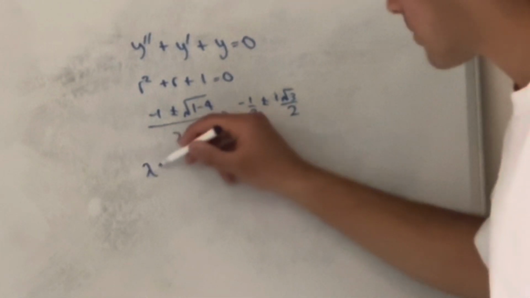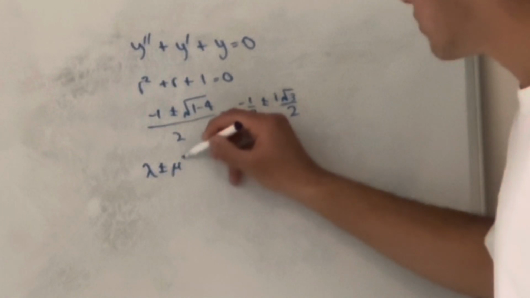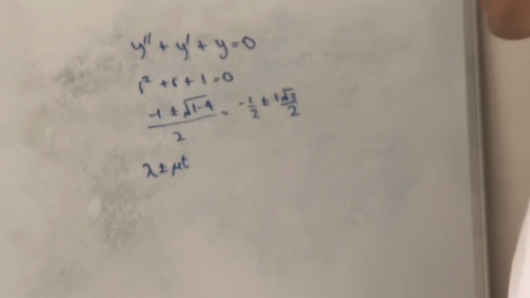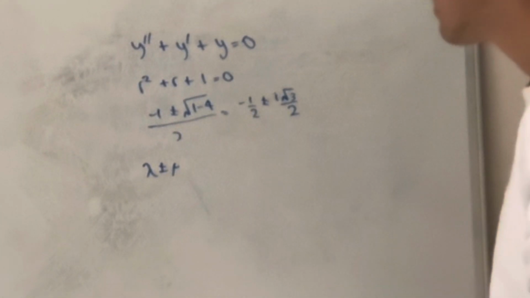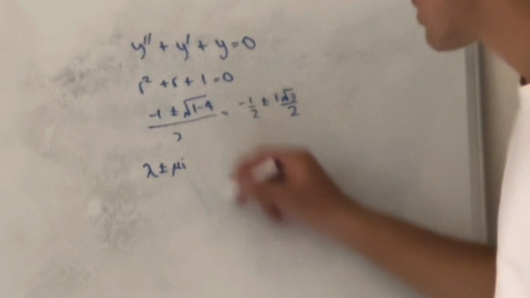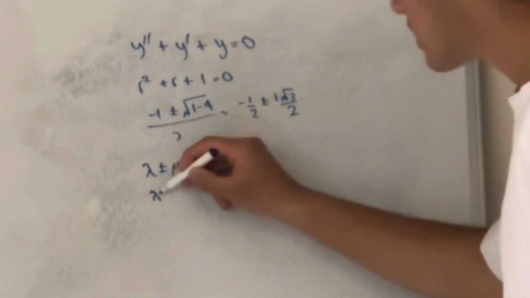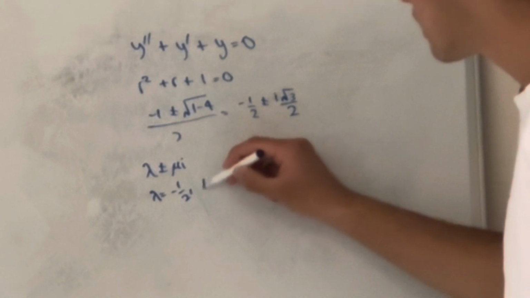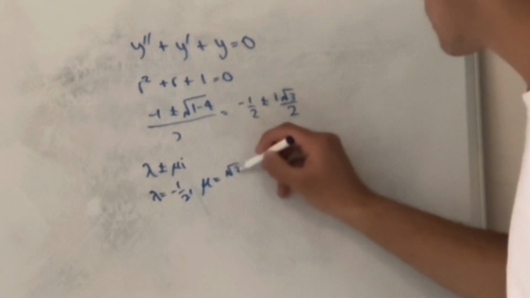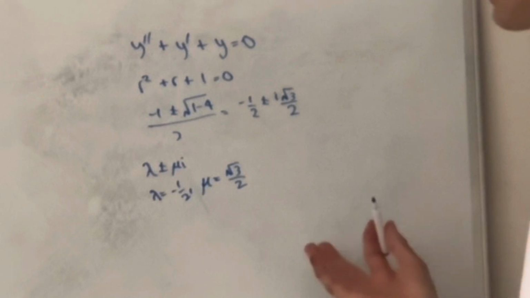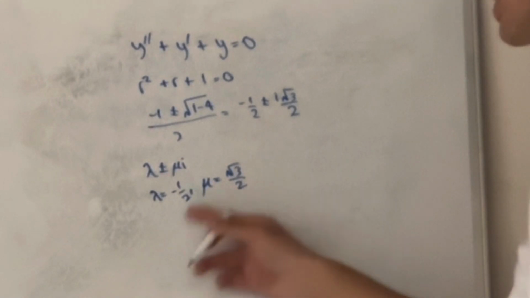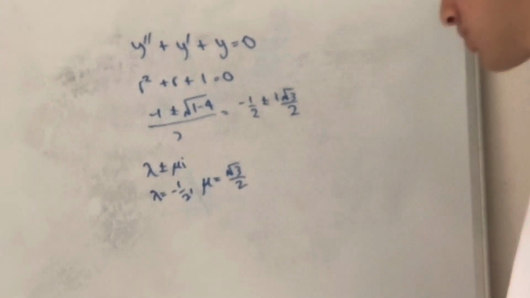Our form is lambda plus minus mu i, not mu t. Mu t will come in the sines and cosines in our solution. So what does this tell us? Well, lambda is just equal to negative 1/2. Mu is equal to root 3 over 2. That's all we need. It's actually not a difficult question. It's just the numbers are a little bit messier than they were before.